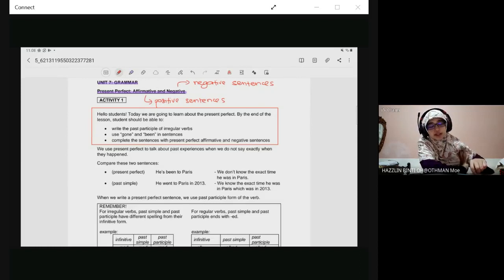Sorry about that. You need to know the objective of the lesson. For example, for today, we have 3 objectives.